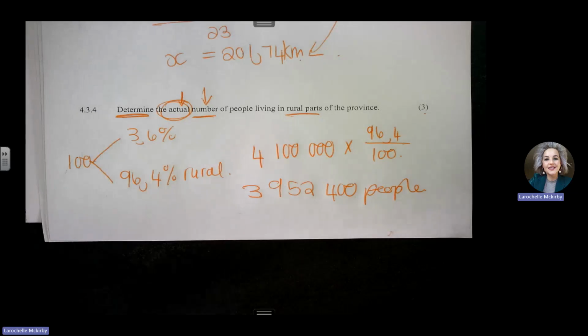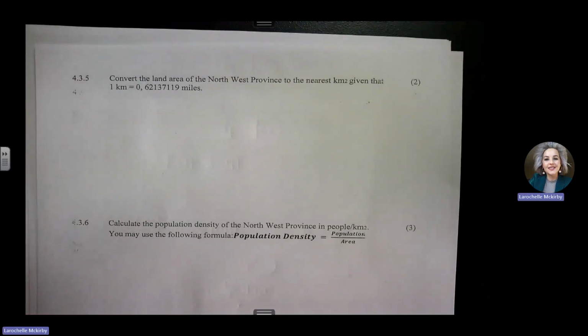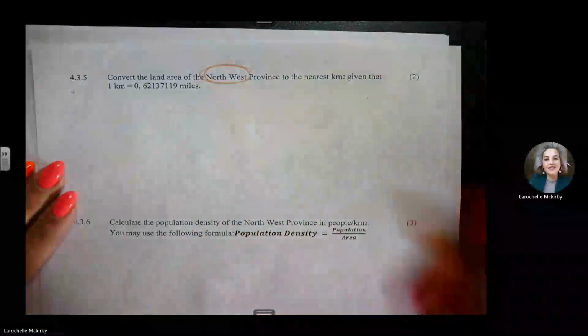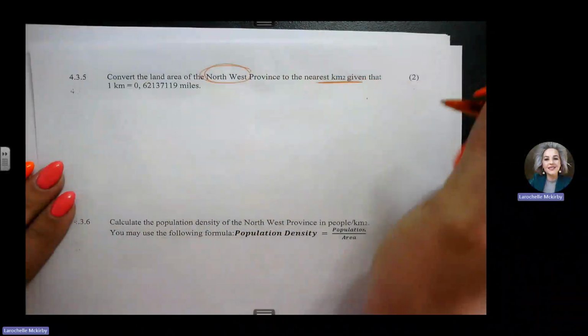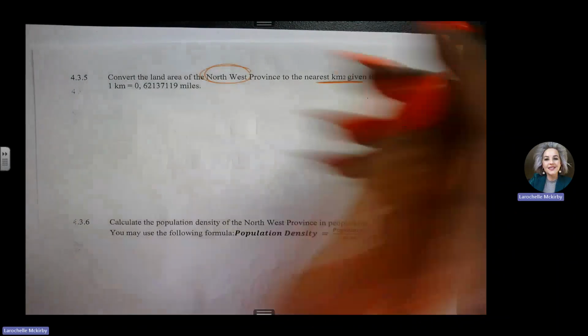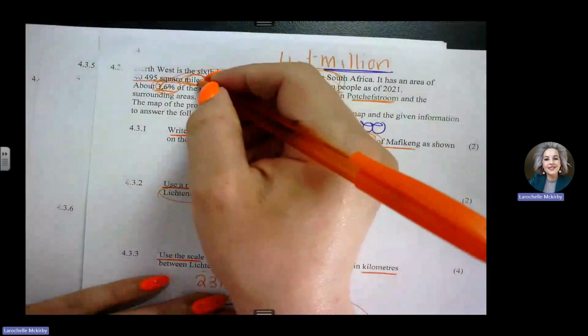Right, let's have a look at the next question. The next question asks me to convert the land area of the Northwest Province to the nearest squared kilometer. Oh, but they gave me the area of the province in miles.